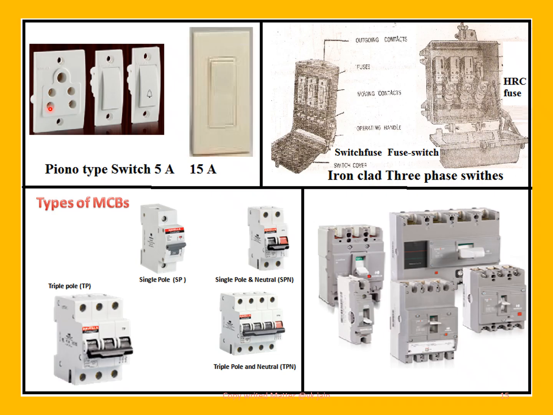So these are the phase, this is the phase, and this is neutral. And in between, for a smaller size, this is the phase, this is another phase. So phase and neutral, and this earth wire.